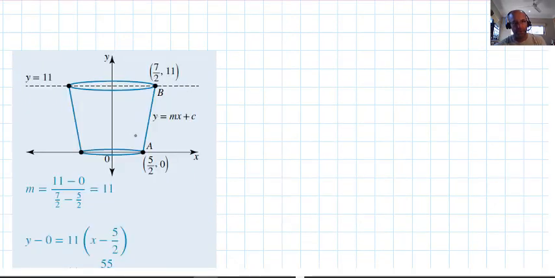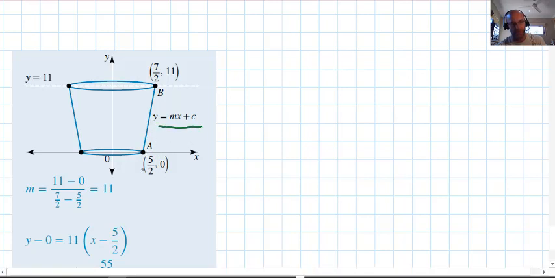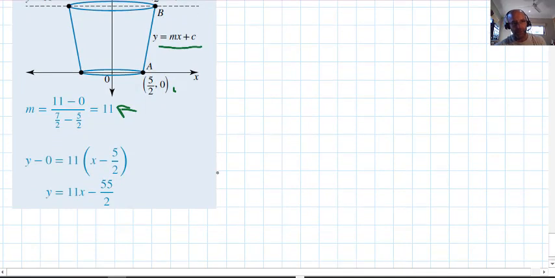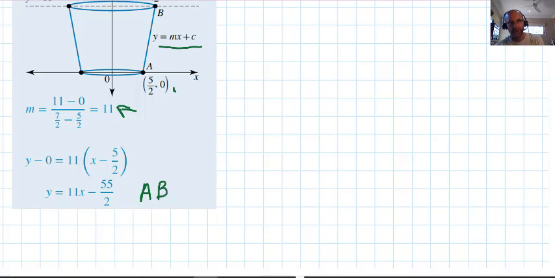So what we need to do is determine some points so we can come up with a line for AB, and we can use some points based on the dimensions given, and if you pause it and take a closer look, you'll see where those points come from, and we can do that fairly easily, and we can come up with the gradient for that line, and then using the point gradient form or otherwise come up with a linear function. Okay, and the linear function for AB is 11x take 55 on 2 if you use axes as I have.